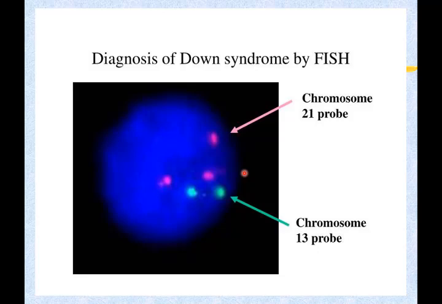This is the fluorescent in situ hybridization, detection of Down syndrome. So we have a chromosome 21 probe, which is tagged with a fluorescent dye. Here it's the Texas red, where you can see 3 signals. And the nice thing about this testing, we don't need a metaphase.